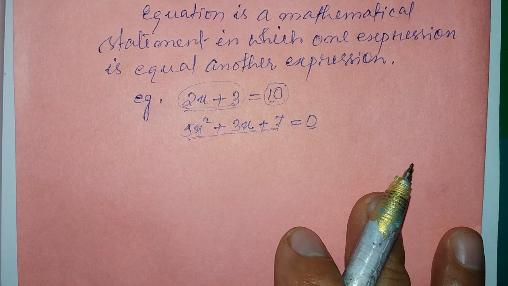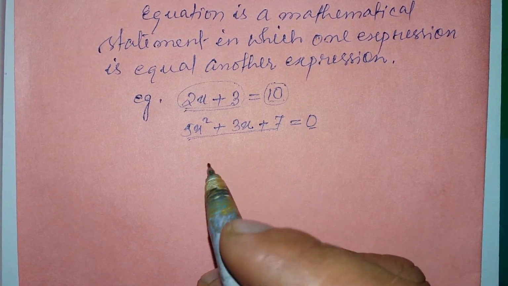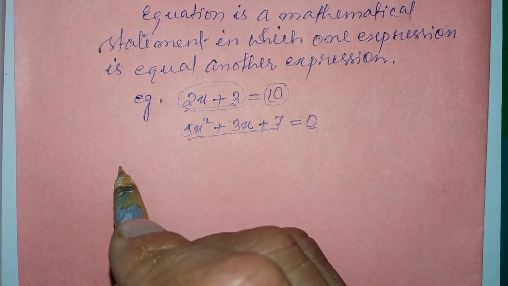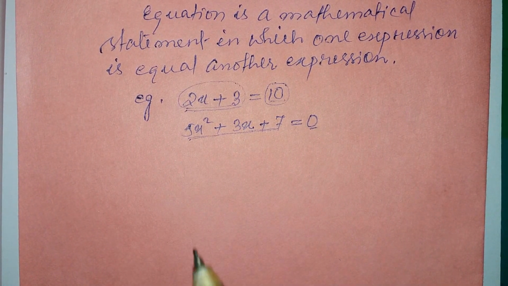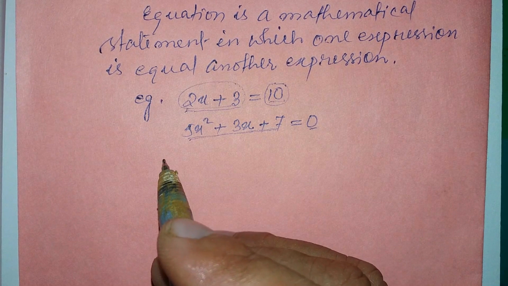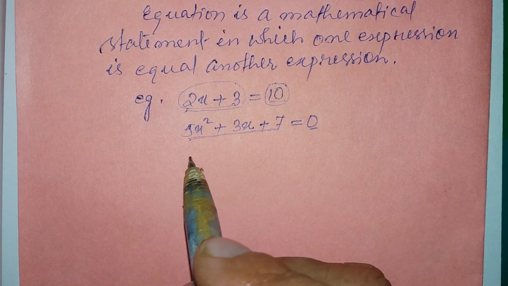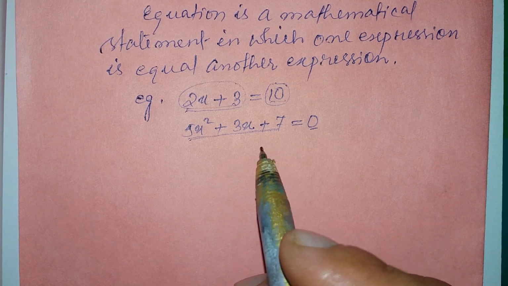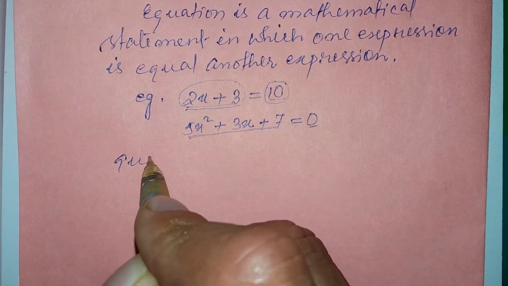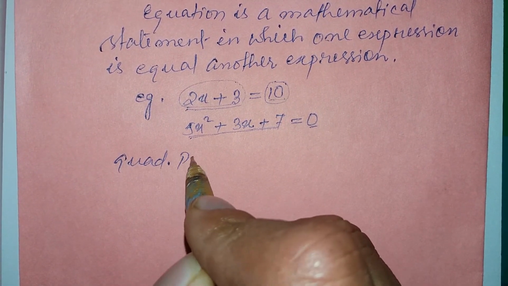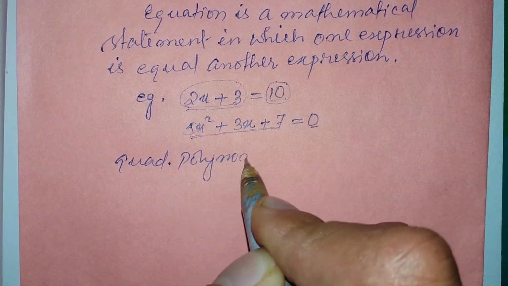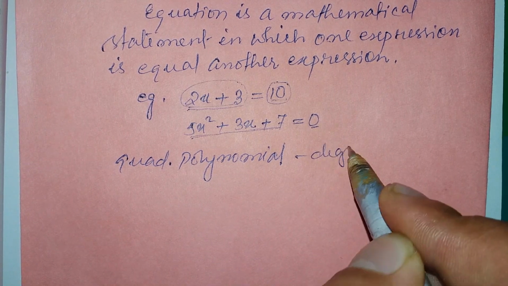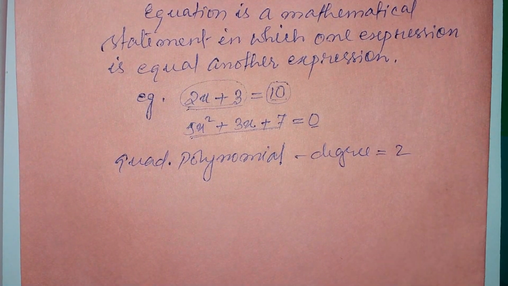Now in this chapter we're going to study what quadratic equations are. Now in chapter 2 you have seen the different types of polynomials. The type of polynomials in which the degree is 2 is known as quadratic polynomial. Example of quadratic polynomial, degree equal to 2.